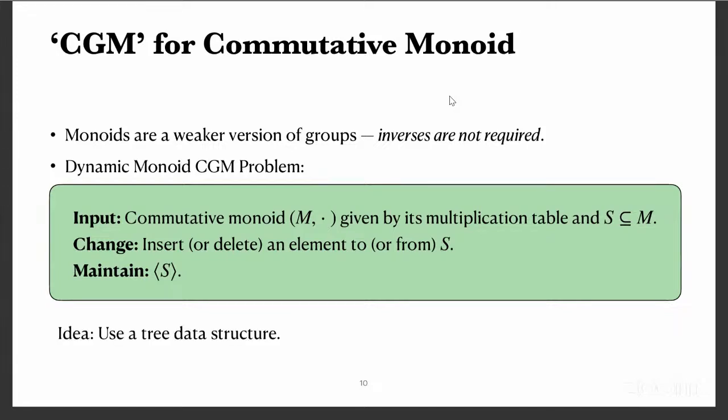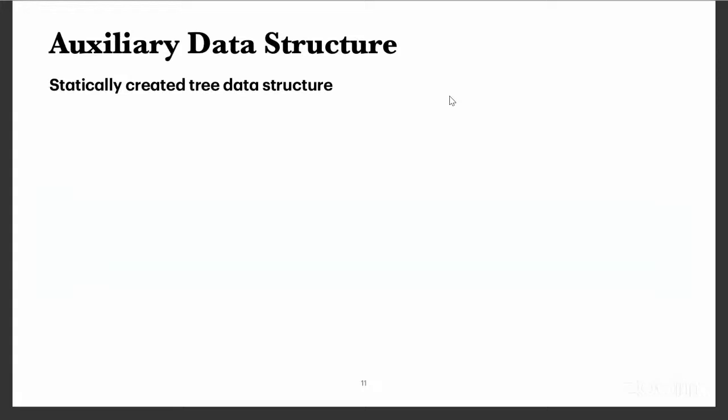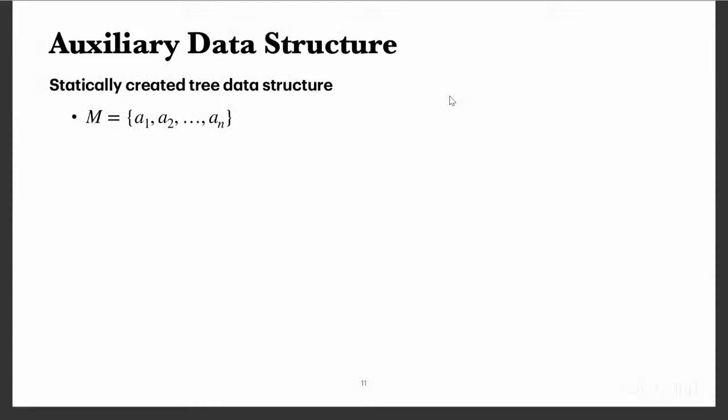The idea is to use a tree data structure. It's a very simple algorithm. So what is the static data structure that we create? We will first create a static data structure that will be used as the auxiliary data. Given the elements A1 through AN, we build a complete binary tree with n leaves.